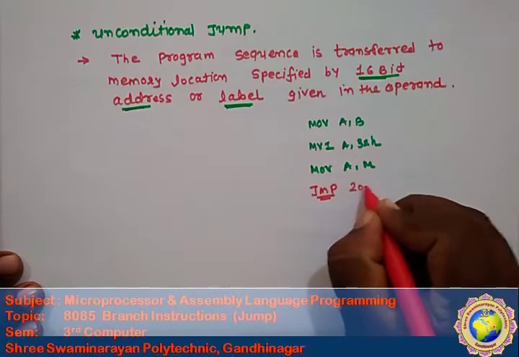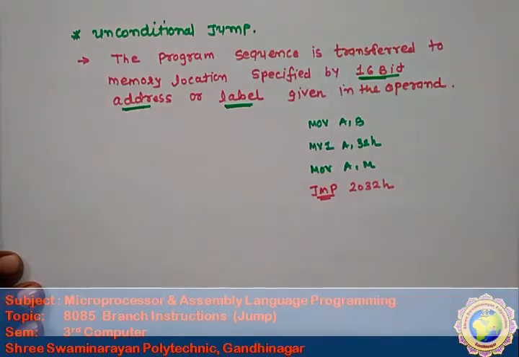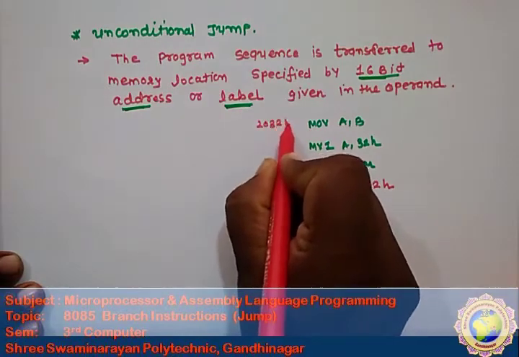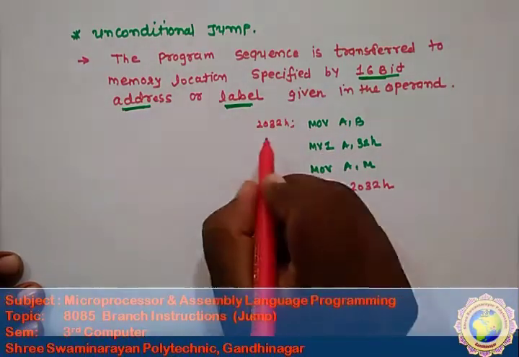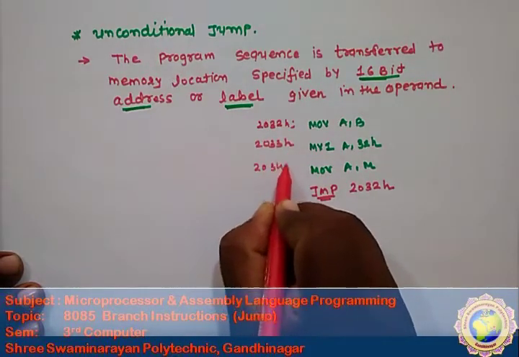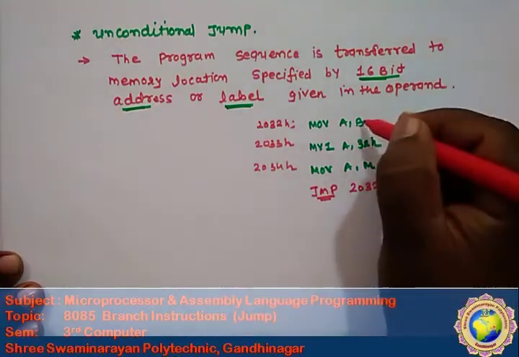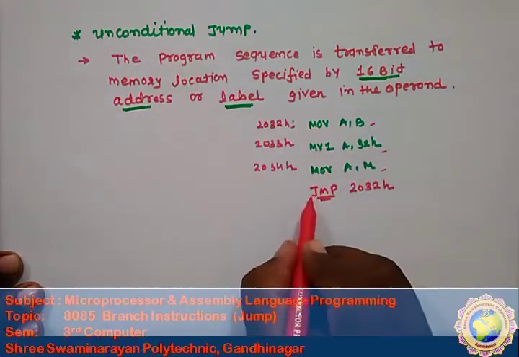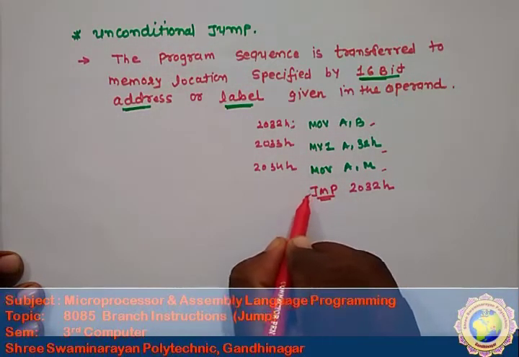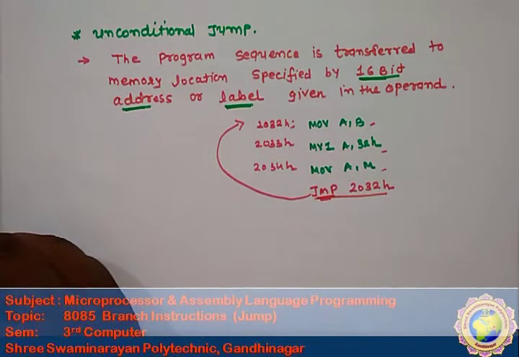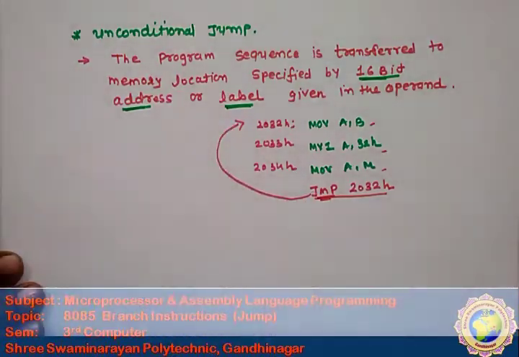JMP 2032H, and suppose this is our memory location 2032H, this is 2033H, this is 2034H. After the execution of the first, second and third instructions, the sequence of execution is transferred here, because there is the instruction JMP 2032H. It jumps without any condition.